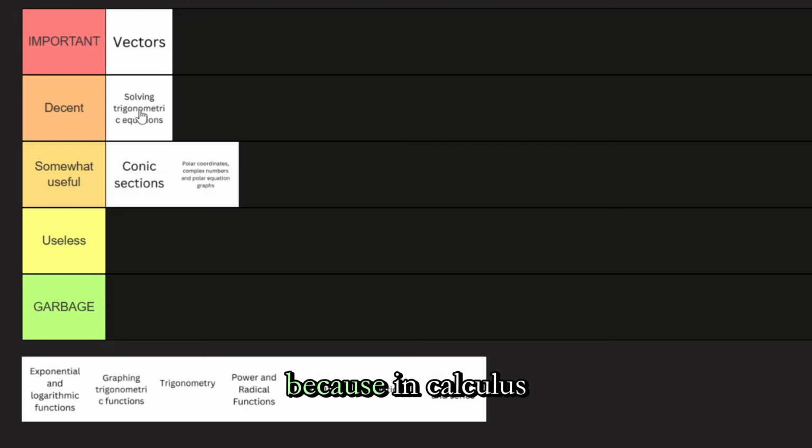In calculus and sometimes in physics, you will have to use something like sine 2 theta or theta over 2 in a certain formula. I remember I was watching physics videos today, and they had that in one of the equations. So it is useful to an extent, but you have to remember so many formulas. It's confusing and too much work. That's why I ranked it in decent.